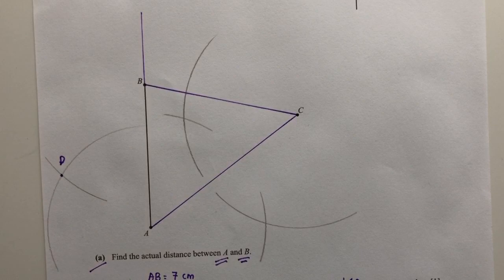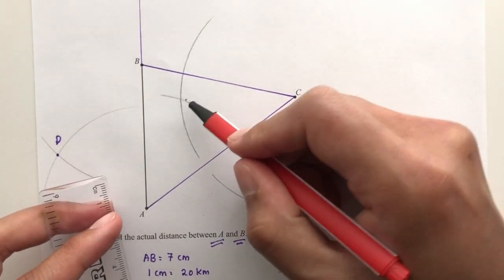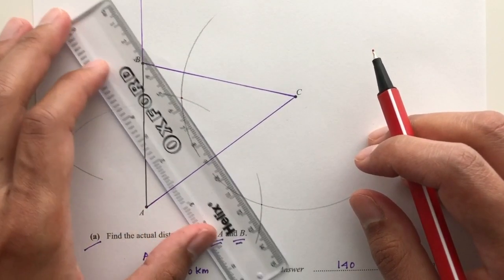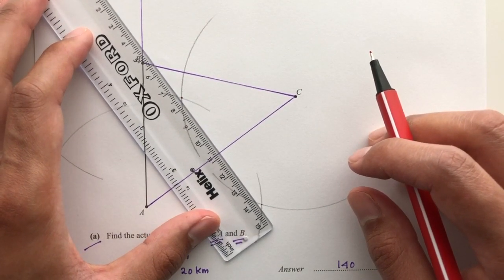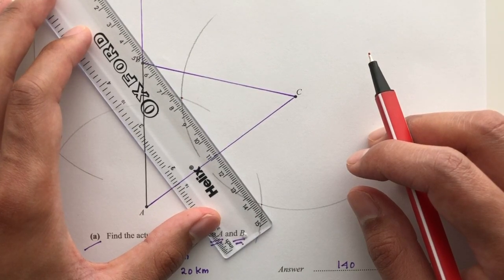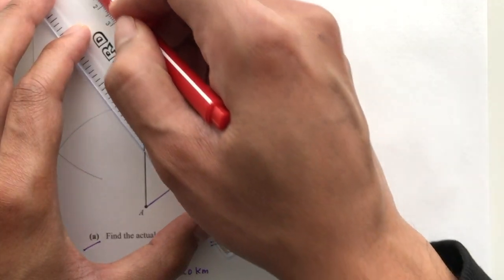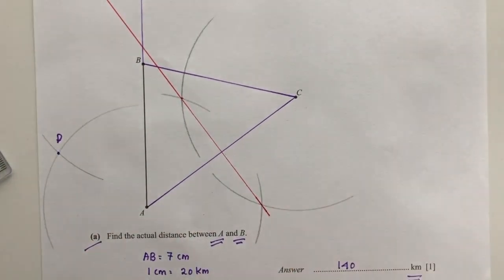Now you will see that you have two points of intersection. Now you have to connect those two dots to form the perpendicular bisector of the line AC. That's your first condition.